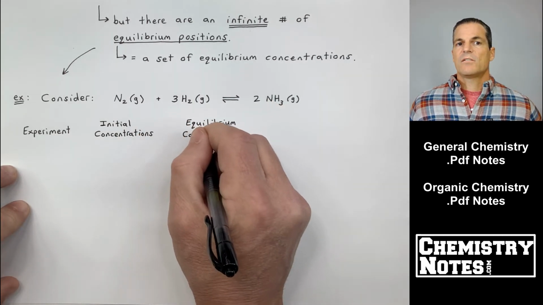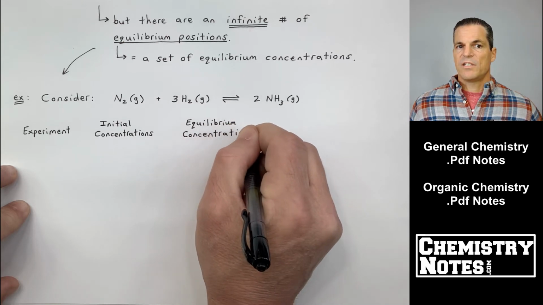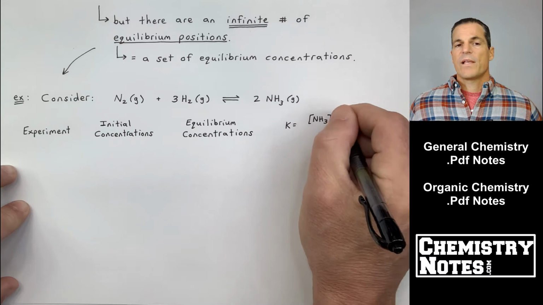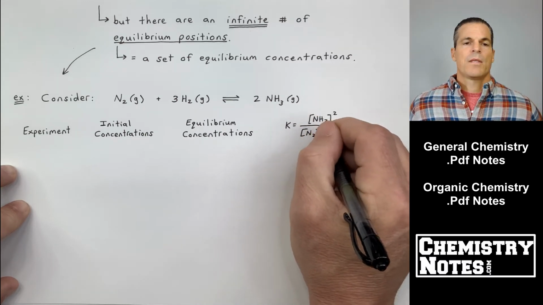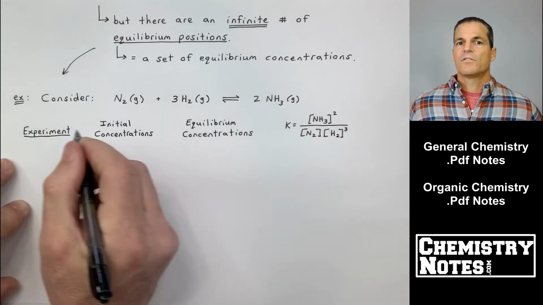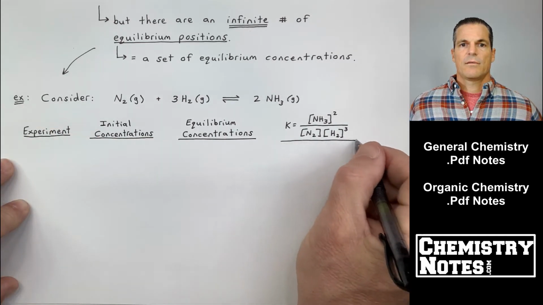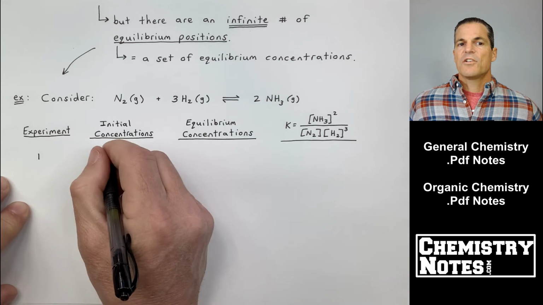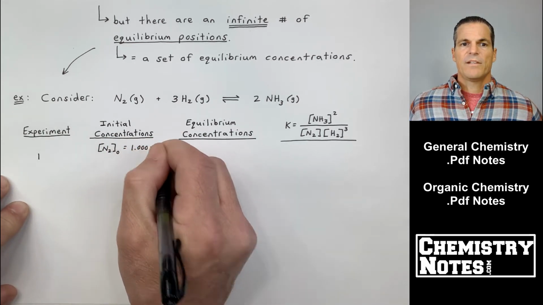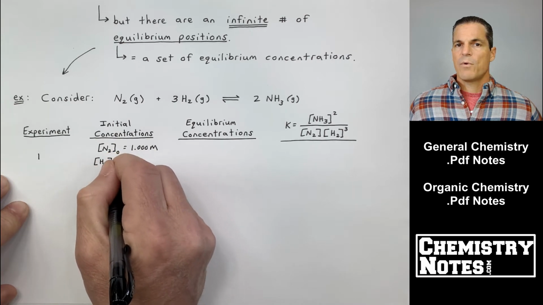Okay, and let's talk more now about equilibrium positions, but let's just do this sample problem. We have N2 gas plus 3 moles of H2 gas yields 2 moles of NH3 gas. So for experiment 1, I'm listing the initial concentrations of all my reactants and products.